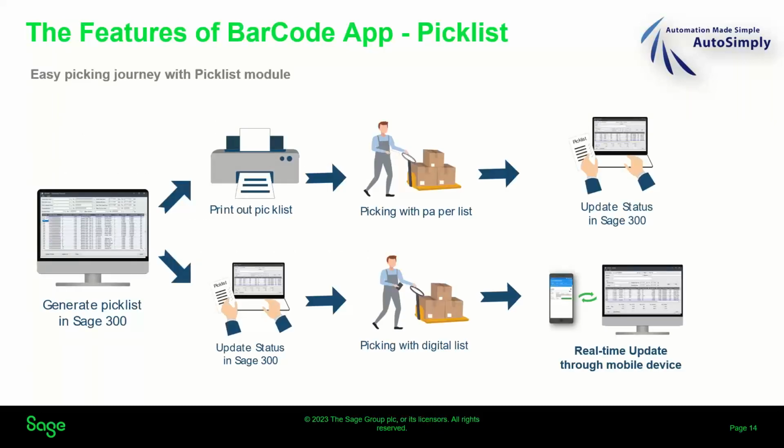So what we now want to do is to add what we call the barcode pick list module, which allows us to generate a pick list of the sales orders. So once we have created the pick list, you can print it out or just use your mobile phone to call out the pick list, pick the items on the floor, update Sage as to what has already been picked, and when we are ready, then post the picking and trigger the shipment from Sage.